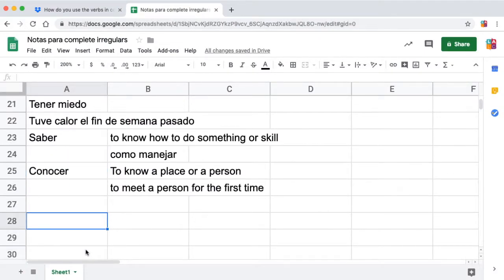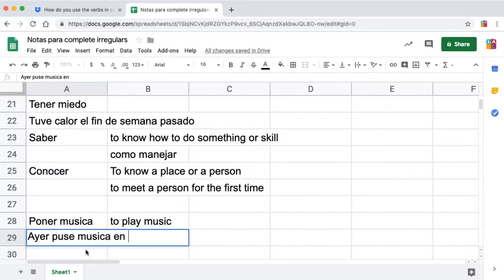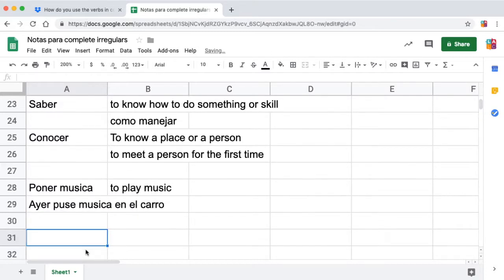Poner música is to play music. So, if I say yo puse música en el carro, ayer puse música en el carro, it means I put music in the car. I play music in the car, en el carro. So, that's another example that poner is different.